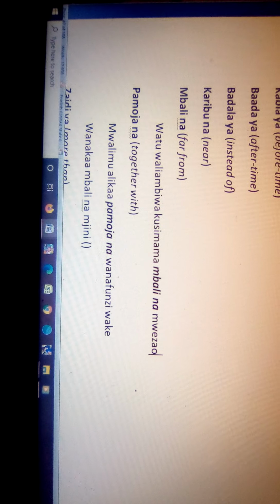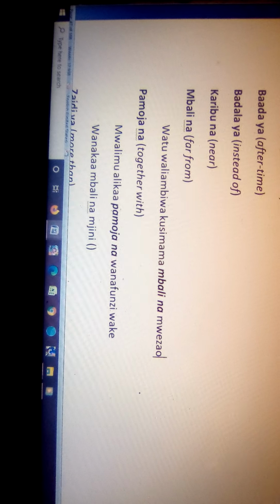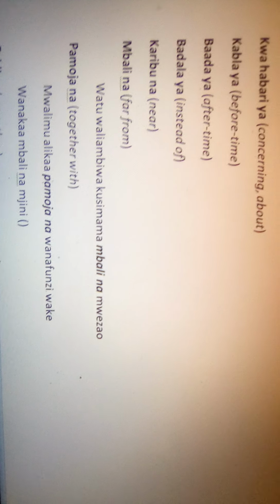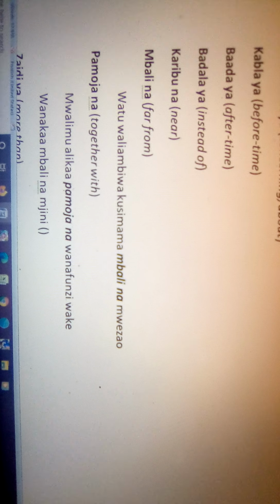Then we have pamoja na, together with. For instance, we have mwalimu alikaa pamoja na wanafunzi wake. The teacher sat together with her students. Then wanakaa mbali na mji. They stay far from the city. Mji is just a city. Walikaa mbali na mji. They stay far from the city.